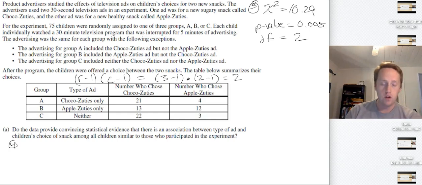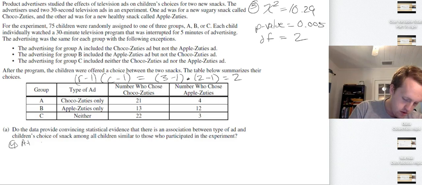So at alpha equals 0.05, our standard alpha when it's not given, we reject the null.